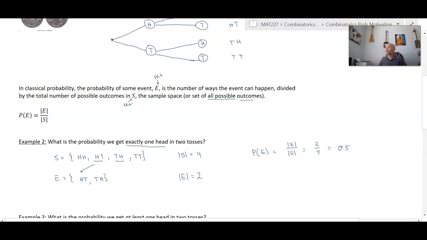Now, every probability, by the way, is going to be between 0 and 1. If you ever heard somebody say, I'm 110% sure, well, as a mathematician, I have to kind of roll my eyes a little bit because 1 represents 100%, and that means guaranteed.